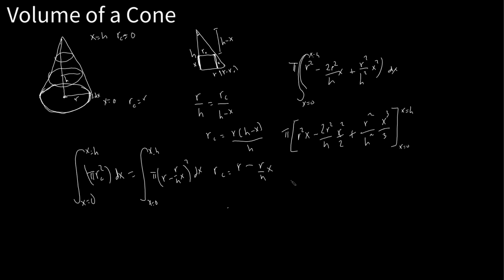So now let's evaluate that. We have pi, so plugging in x equals h, we have r squared h minus 2r squared h squared over 2h plus r squared h cubed over 3h squared.